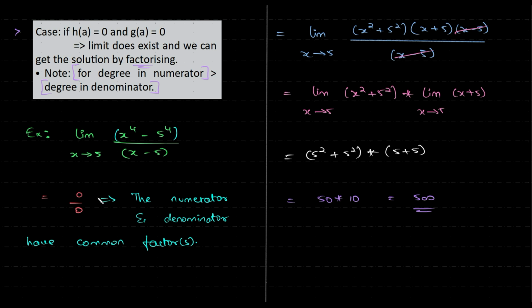At the end of it, if both the numerator and denominator tend towards 0, and it results in 0 on substitution of the given value, it means they have a common factor. So factorize it. Once we factorize it, they will get cancelled, and after that it is a matter of simplification.